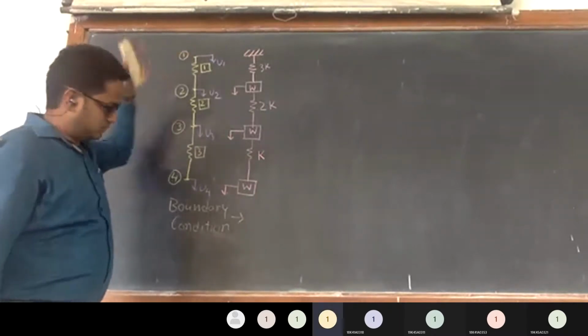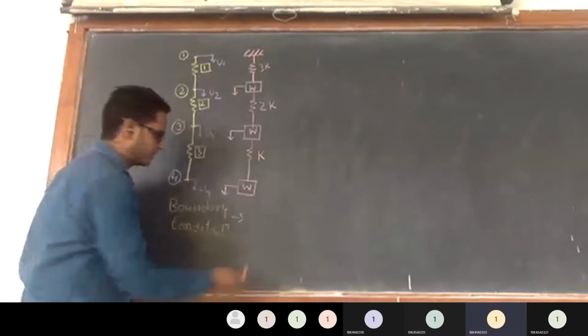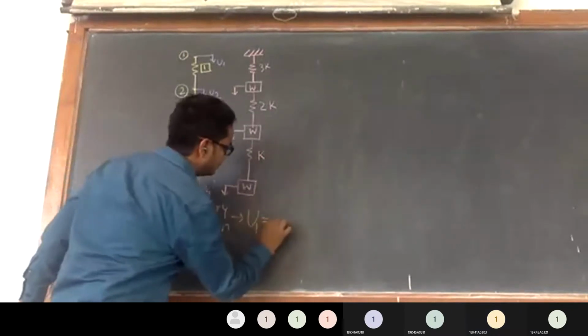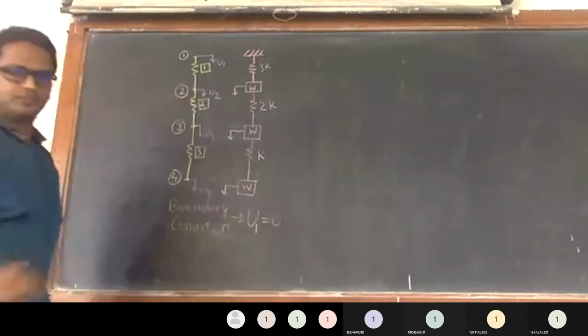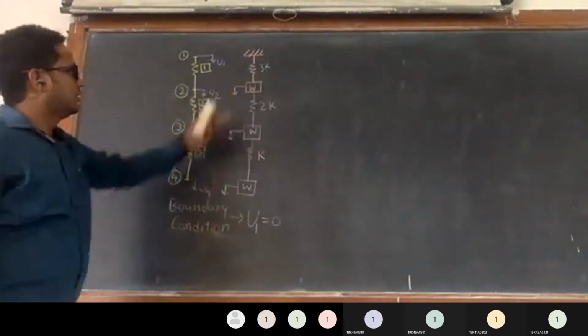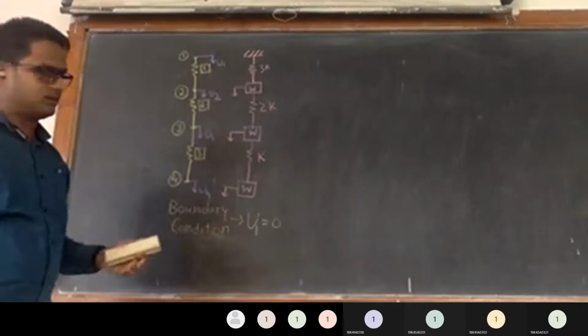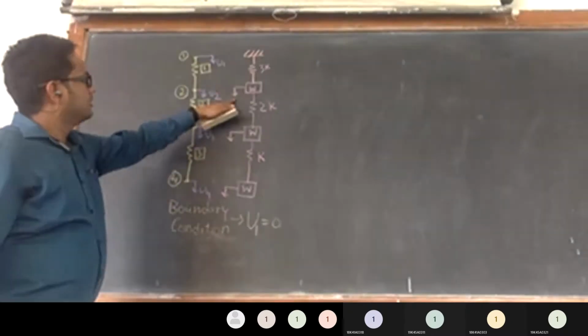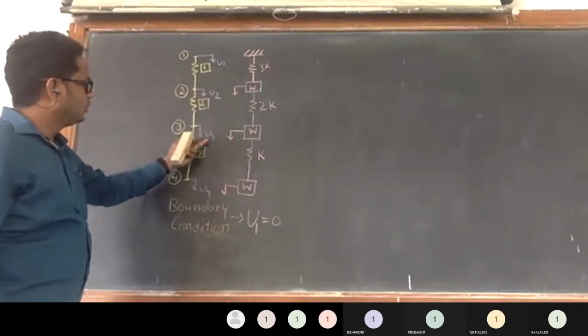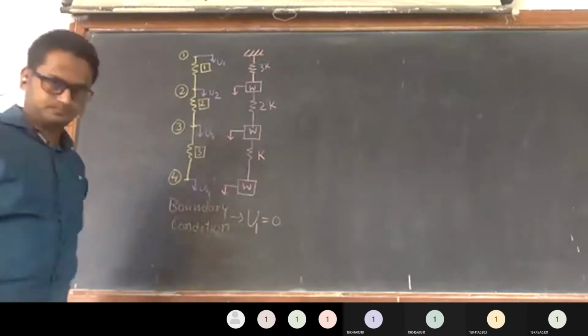Yes, sir. Like this you people respond, then I will also find it very interesting to teach you. So U1 will be equal to 0. Now the question is asking how much this load will deflect, so it is asking what will be the value of U2, U3, U4.